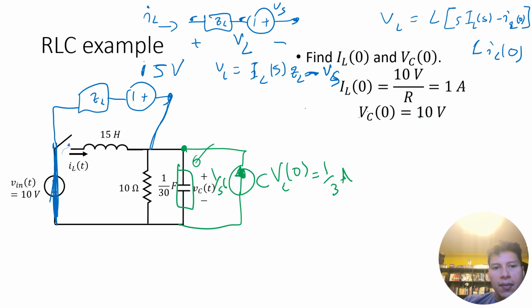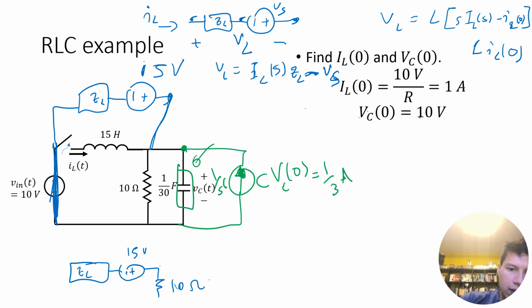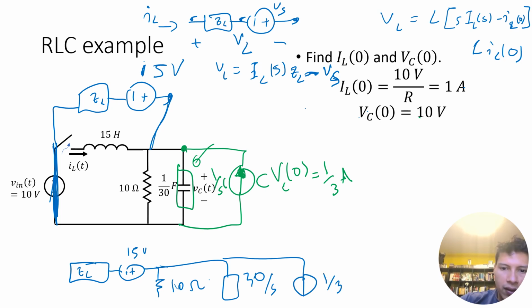So now our equivalent circuit is basically ZL, minus plus 15 volts. Then you have a 10 ohm resistor, and in parallel 30 over S, and in parallel 1 over 3. And then this should be S times L.